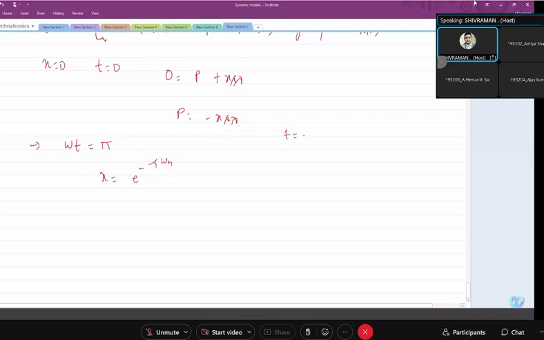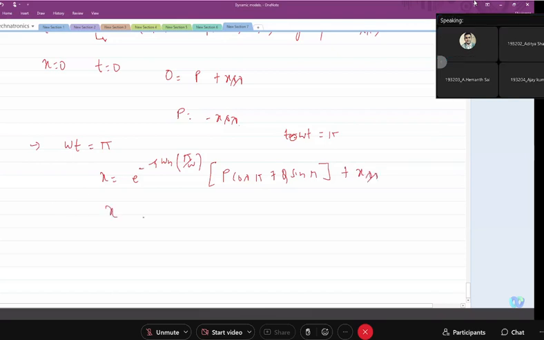Omega t is equal to pi, so here you can also replace t by pi by omega in p cos pi plus q sin pi plus the steady state. So what you will get? Minus of x damping factor times.